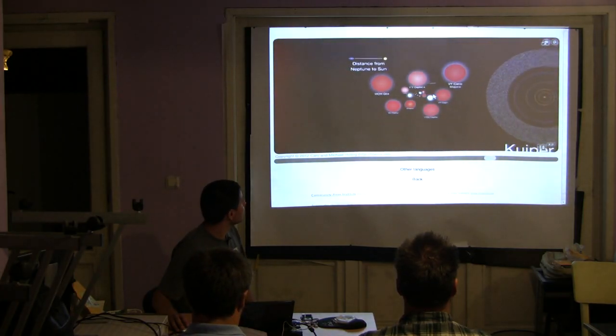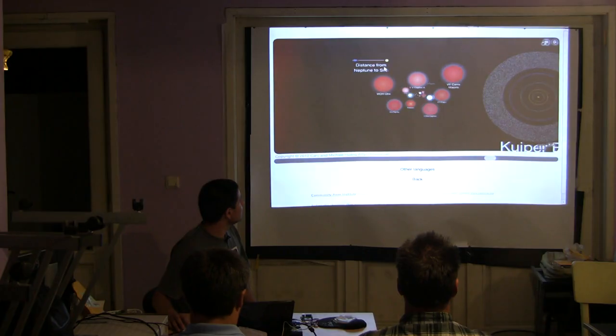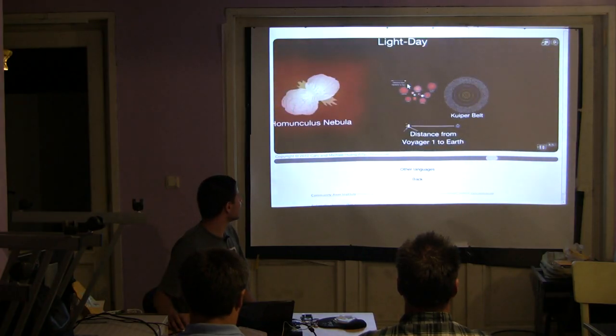And this is the distance from Neptune to the Sun. Okay, I believe.